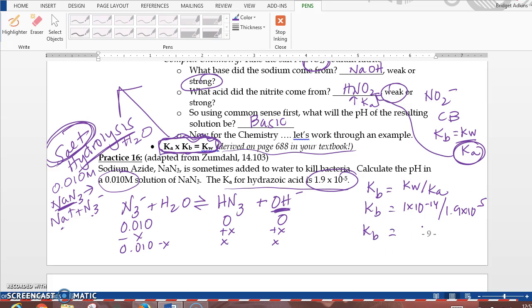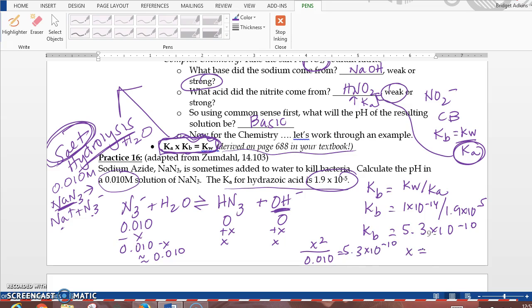Knowing that you have to solve for that Kb. So that Kb comes out to 5.3 times 10 to the negative 10. Based on that K, it's super, super tiny. I should be able to assume that this is basically equal to 0.010. So then I set up my x squared over 0.010 equals my K, 5.3 times 10 to the negative 10.